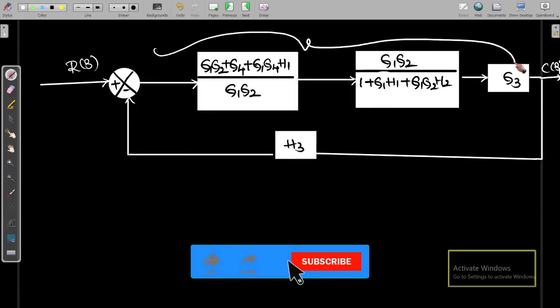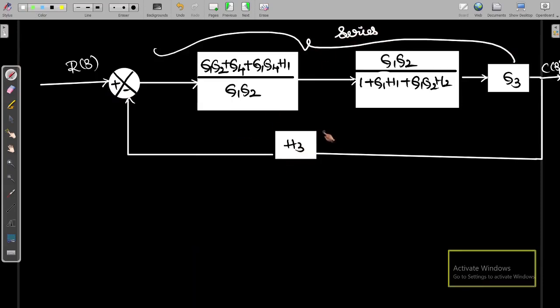Now these three are in series, so we will reduce them to the final answer, and this is the feedback element. So the final answer we are going to write here in the next step. First we are going to multiply this series element. What is the answer we are going to get?